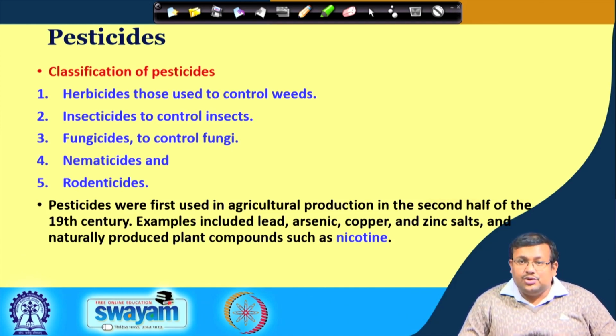And this nicotine, which we nowadays know is present in tobacco, also has high insecticidal properties. So, in the second half of 19th century, when people started using different types of pesticides, they actually used these different types of salts as well as nicotine.